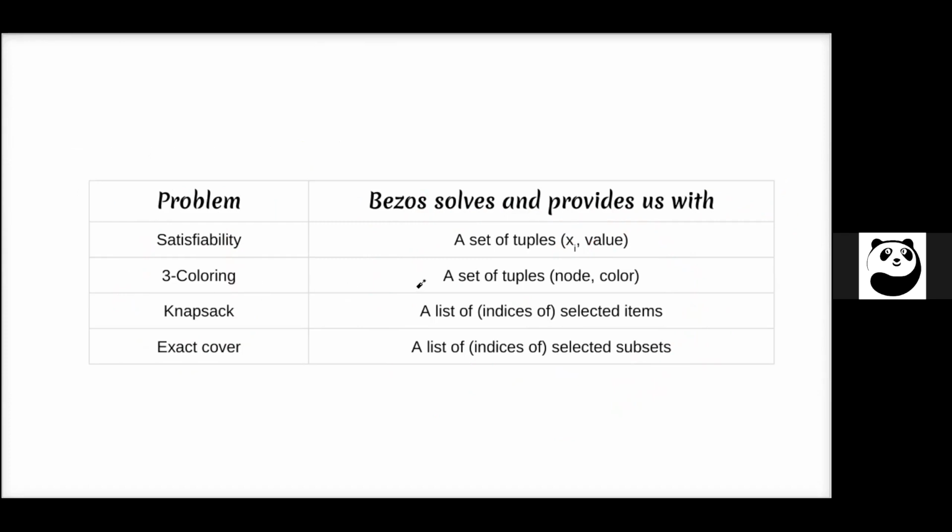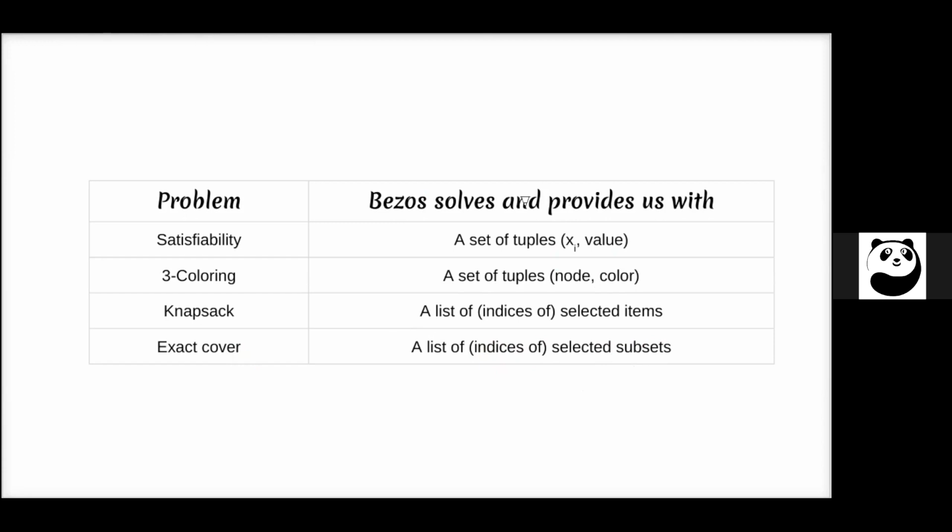For 3-coloring, it's a set of tuples, and each tuple is a node and its corresponding color. Knapsack, a list of items that should be packed, the list of items that should be included. Exact cover, a list of the indices of selected subsets.